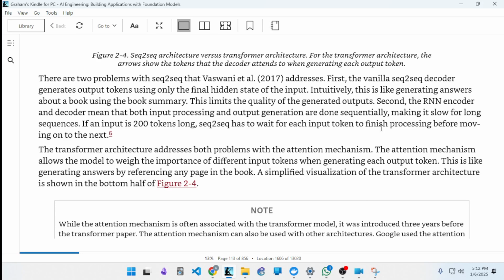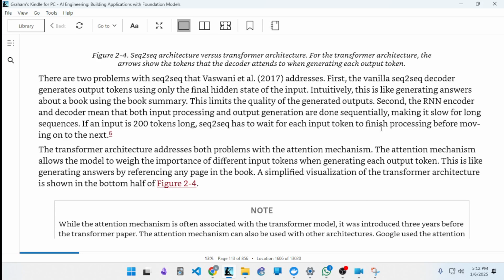Second, the recurrent neural network encoder and decoder mean that both input processing and output generation are done sequentially, making it slow for long sequences. If an output is 200 tokens long, seq2seq has to wait for each input token to finish processing before moving on to the next. The transformer architecture addresses both problems with the attention mechanism.